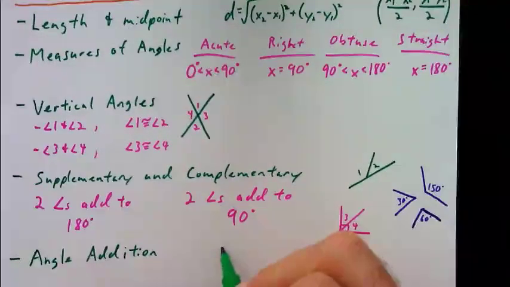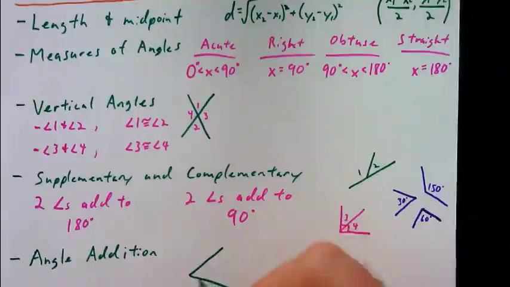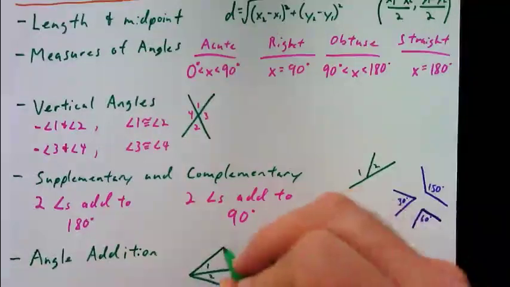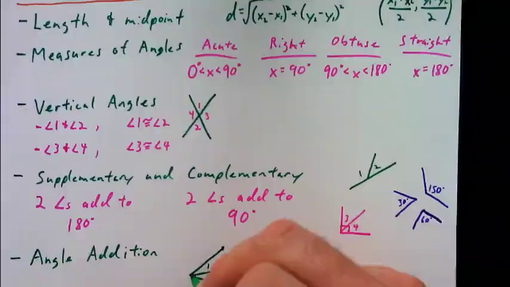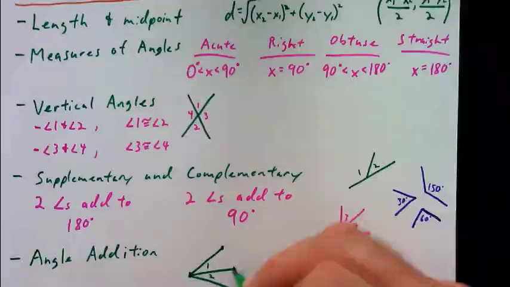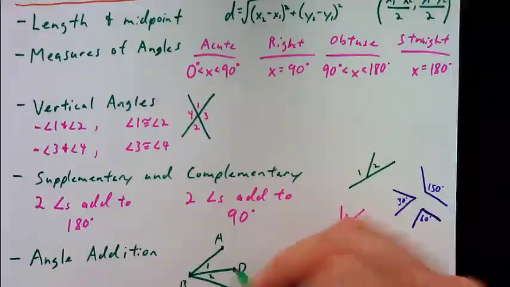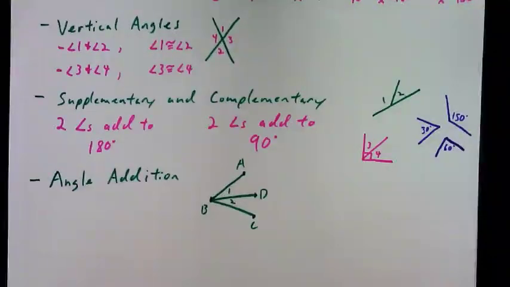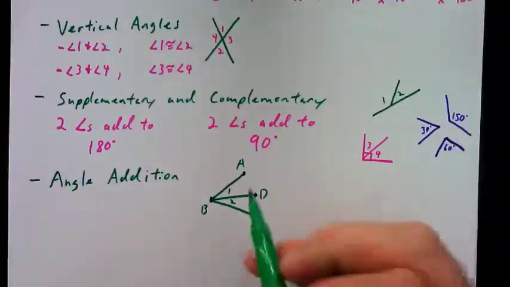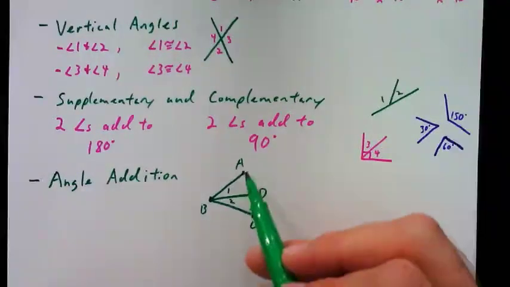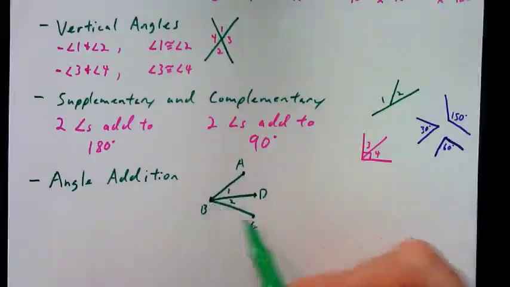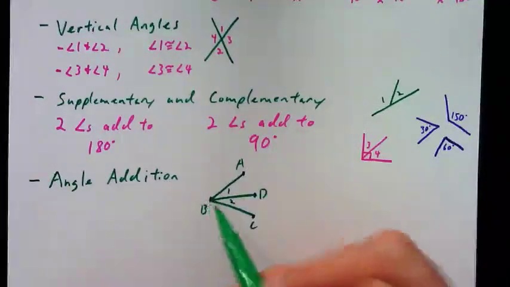So if we were to have, I'm just going to call this angle 1, angle 2, and I'm going to label these as well. A, B, C, and D. You can label angles different ways, but one thing I could say for sure about this is that the measure of angle 1 plus the measure of angle 2 would have to give us the measure of this overall angle, angle ABC.